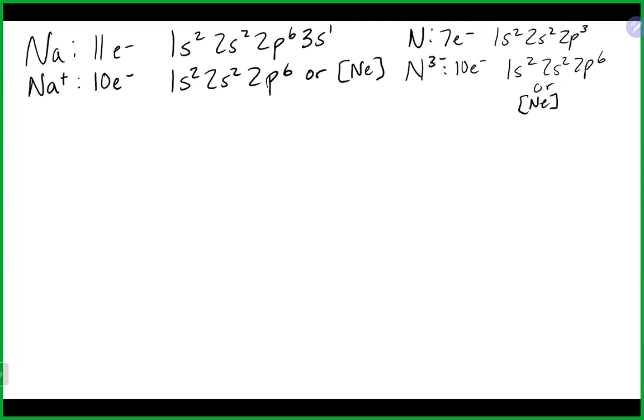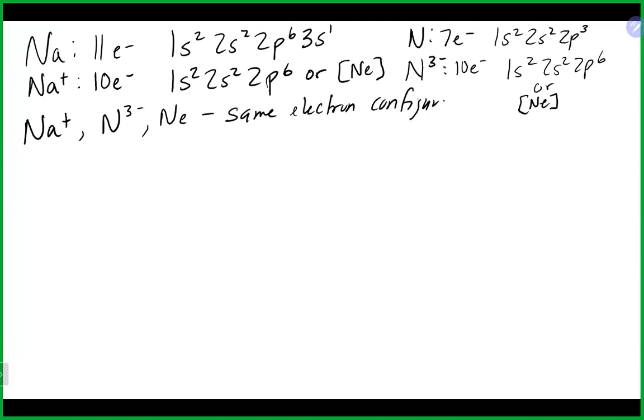What we see here is sodium, nitride, and neon. They all have the same electron configuration. That is known as being isoelectronic with each other.